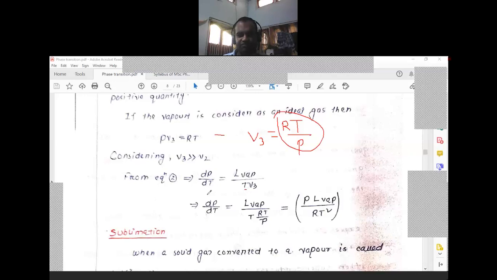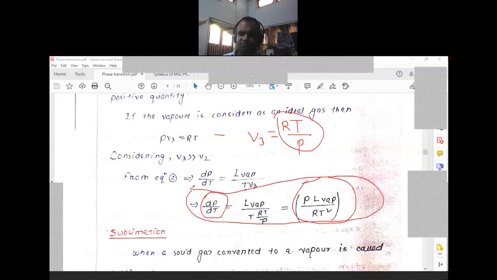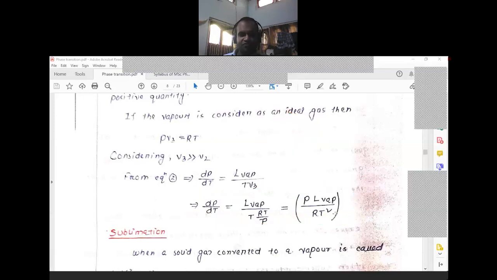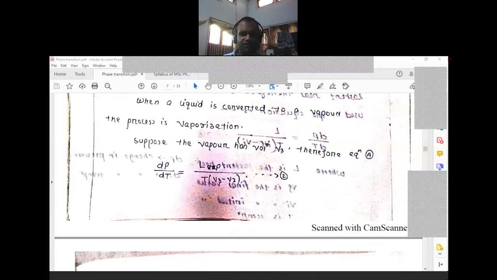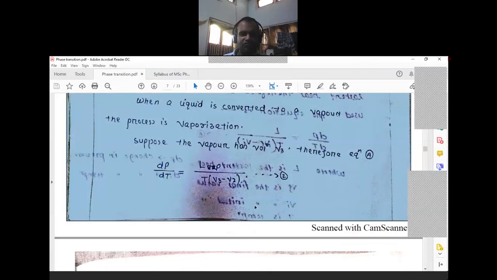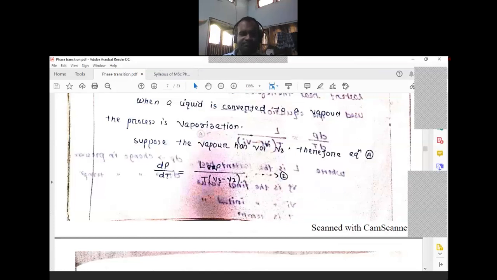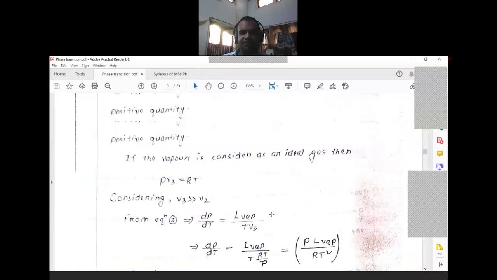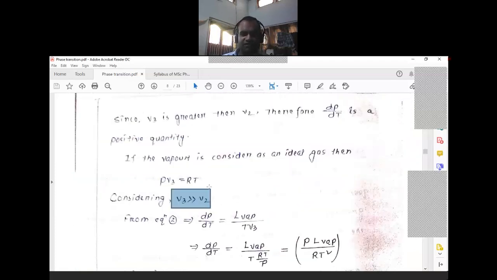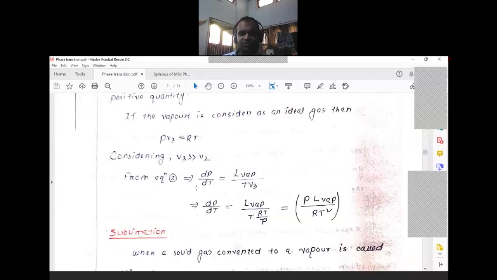So what is V3? From this equation, V3 is equal to RT over P. Therefore, T multiplied by V3 is RT squared over P, and it will be P L_vap divided by R T squared.